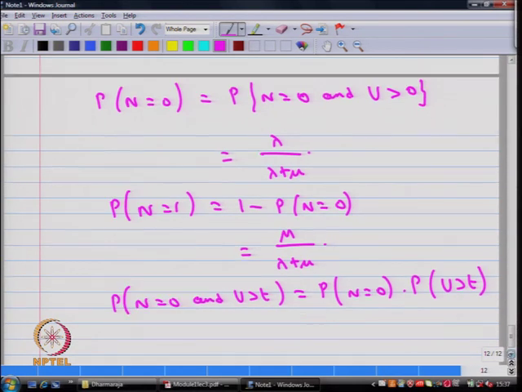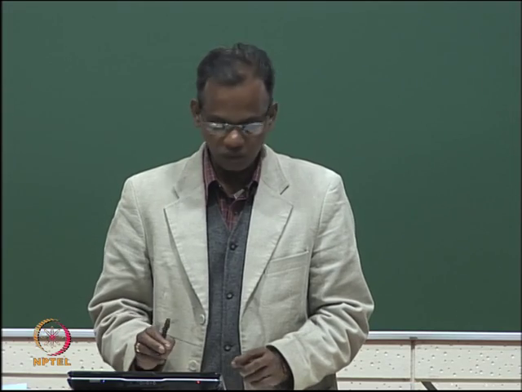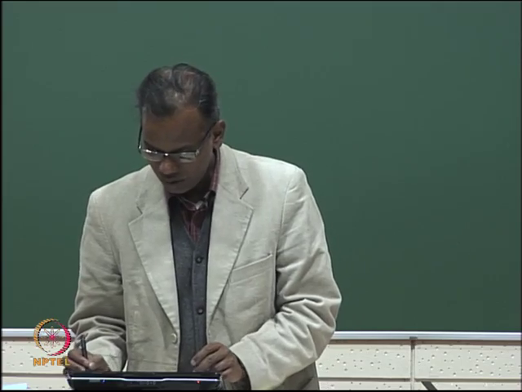Similarly, we get the observation that the probability of N is equal to 1 and U greater than t gives the probability of N is equal to 1 multiplied by the probability of U greater than t. So, hence N and U are independent random variables. This example is useful in birth death processes. Therefore, I am explaining this problem as an illustrative example.